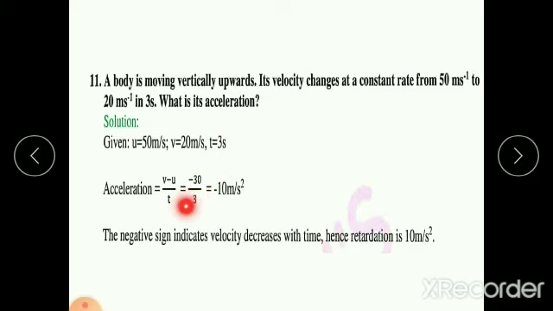So what do you get? 3 tens are 30, so minus 10 meter per second square. The negative sign indicates velocity decreases with time. So whether it is acceleration or retardation, when you have a minus sign, it is retardation. How much is it? 10 meter per second square.